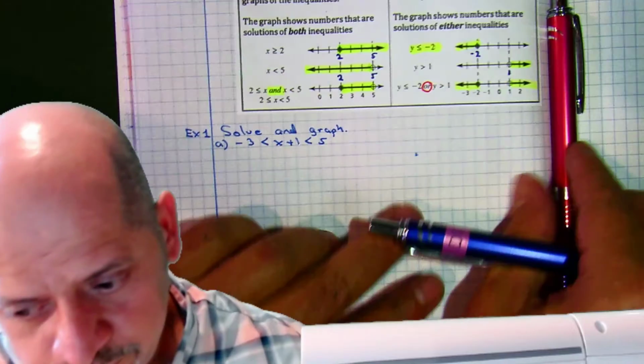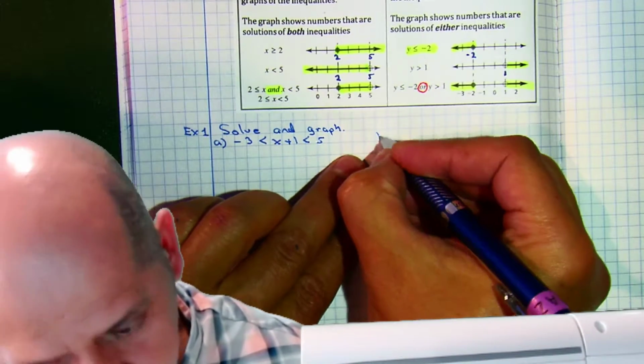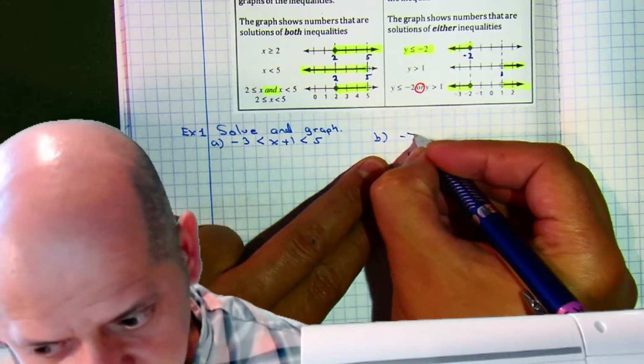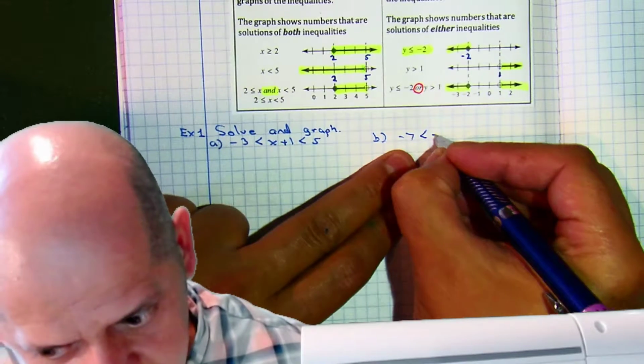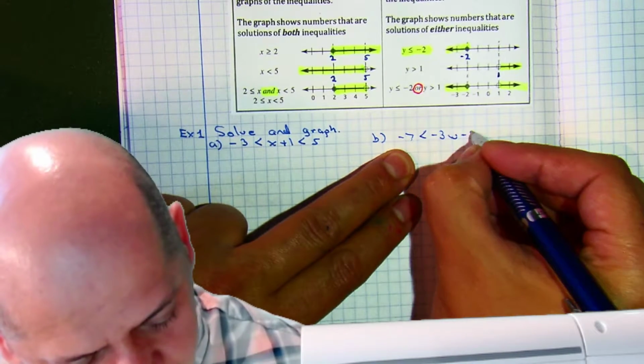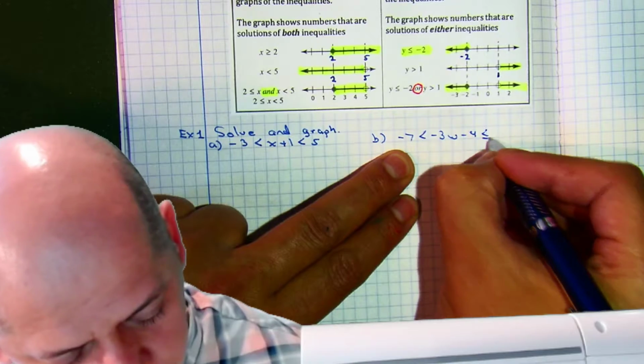And we have B. For B, we have -7 is less than -3w minus 4, which is less than or equal to 2.